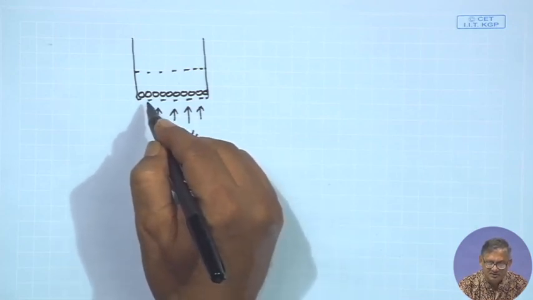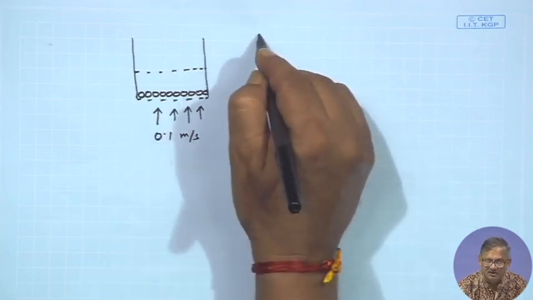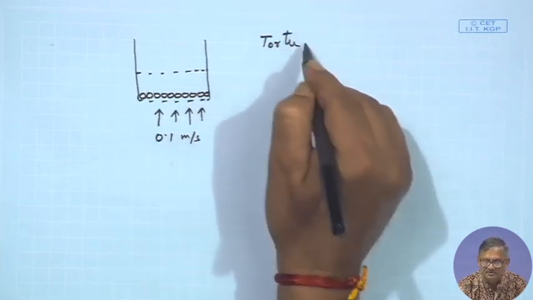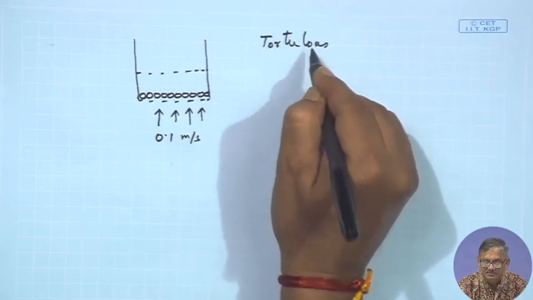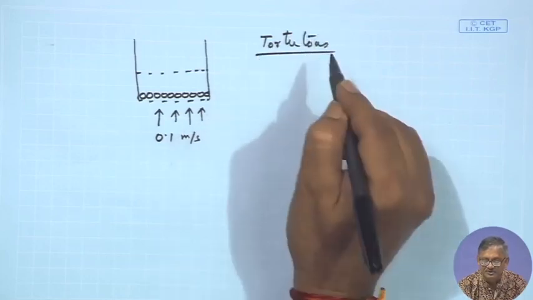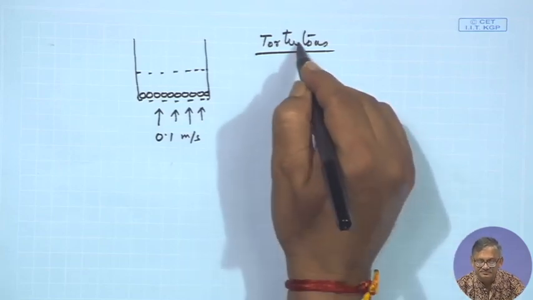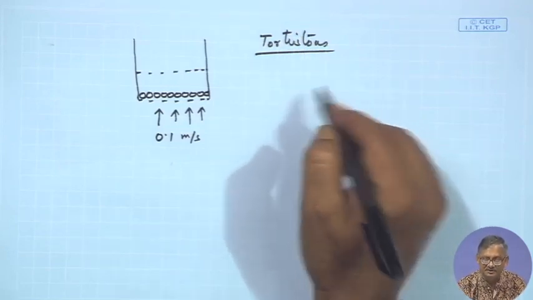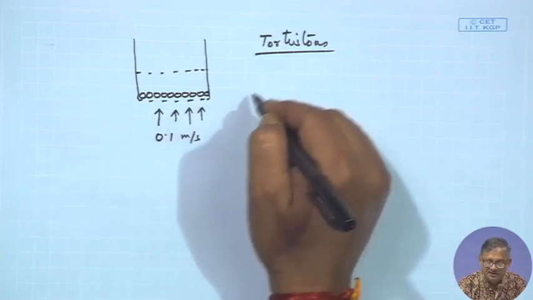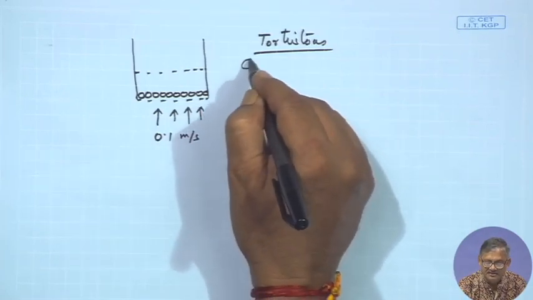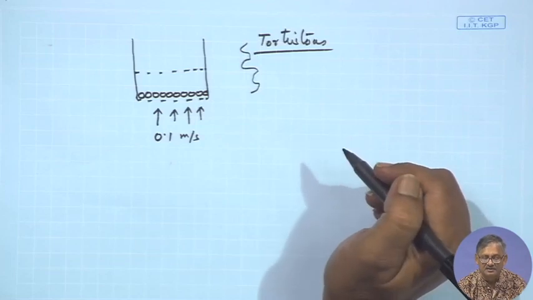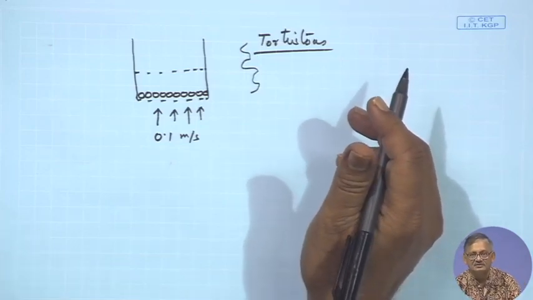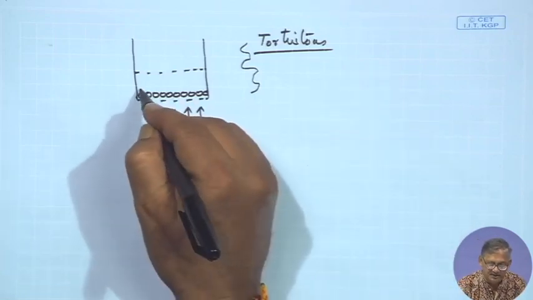This will go, and there is a term called tortuous path. That tortuous path is nothing but when it is moving like this through the vacant space, the void space between the particles.